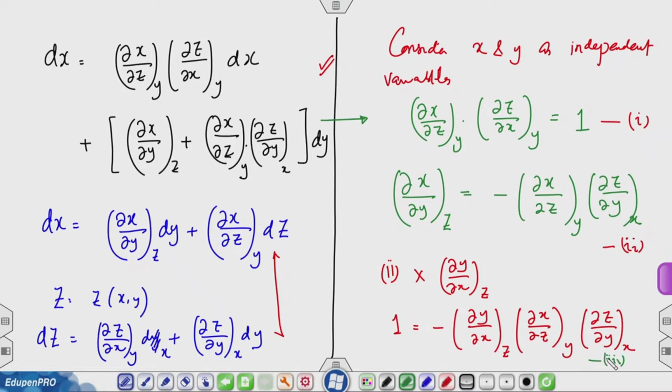relationships, just simple partial differential relationships, but these are useful in deriving relationships in thermodynamic states. And we'll do that now.